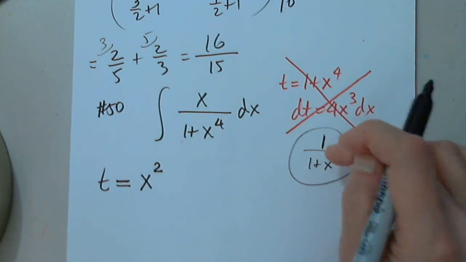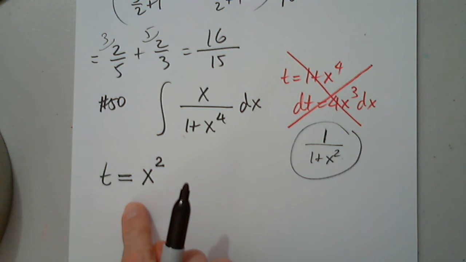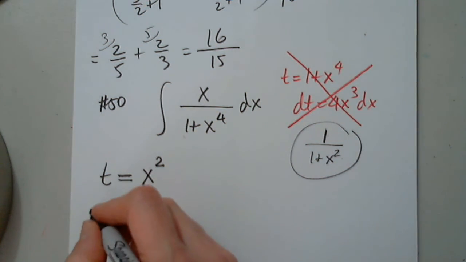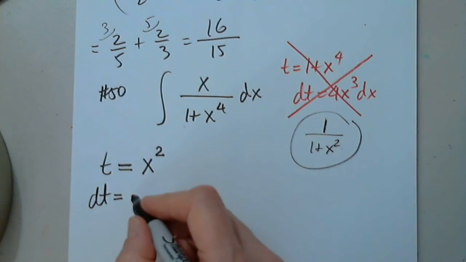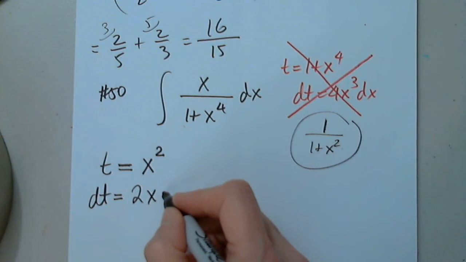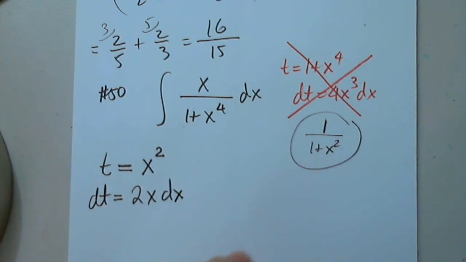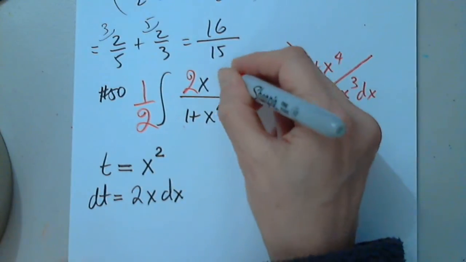I was thinking about the antiderivative of this, which is the arctangent. Okay, so let's get on this path. Can anyone give us dt? 2x dx, or times dx. Excellent. I love it.